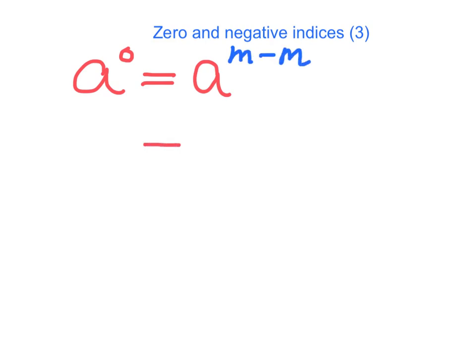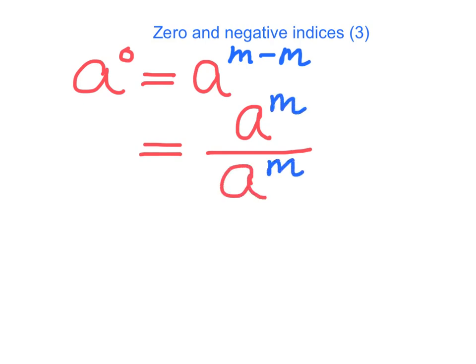Applying the index law of subtraction, it becomes a to the power m divided by a to the power m. You can see quickly that the two are the same and they cancel out and give the result of 1. So we can conclude that a to the power 0 is equal to 1.